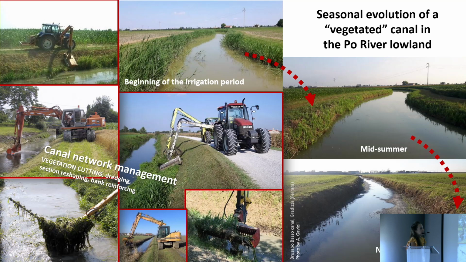The first intervention is at the beginning of the irrigation period, then a second operation in the middle of summer, and a third cutting in late summer or early autumn, before the period of intense rainfall, in order to keep the hydraulic risk low.